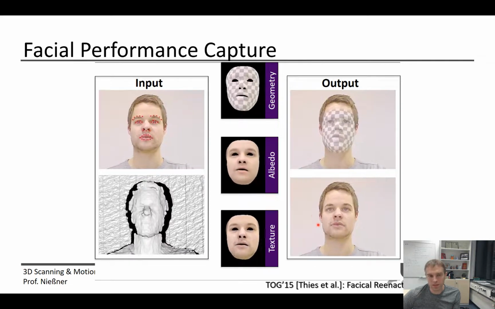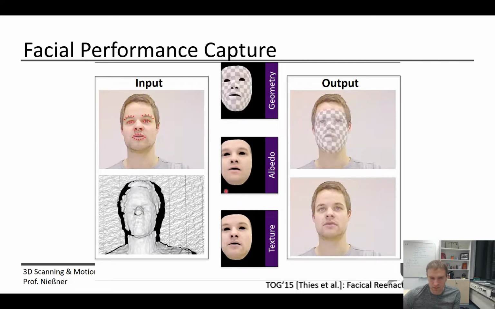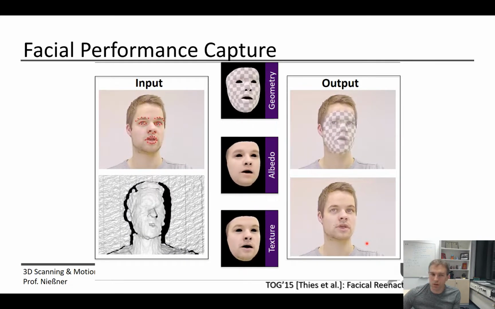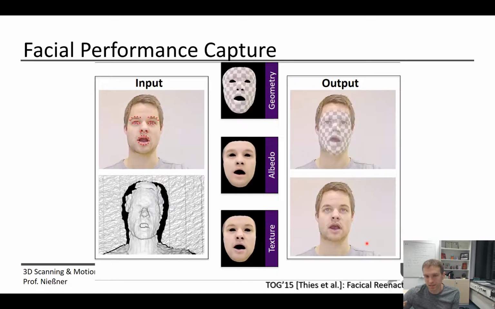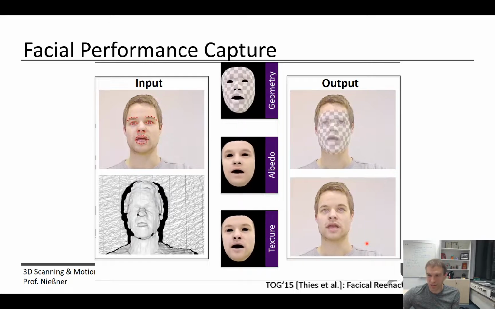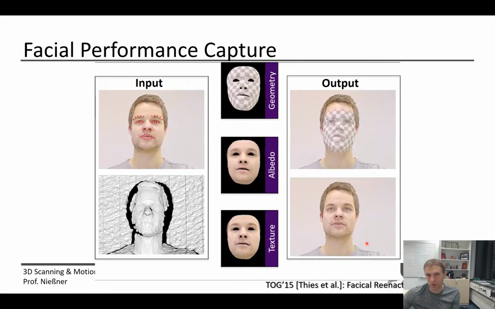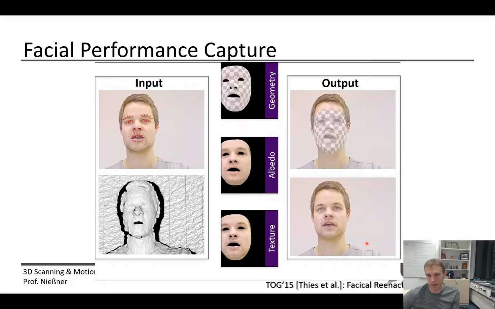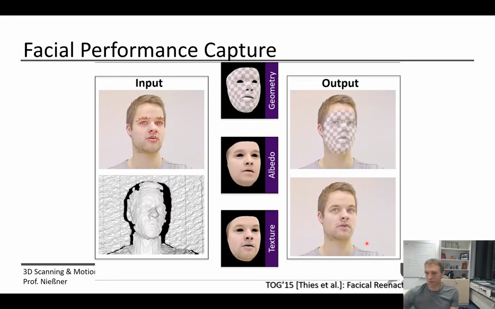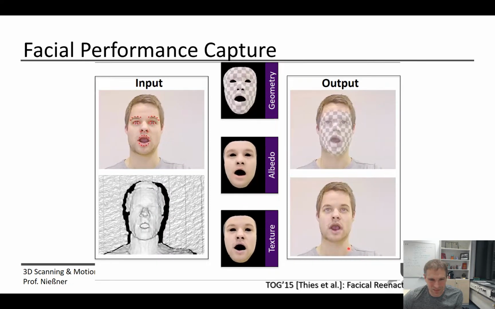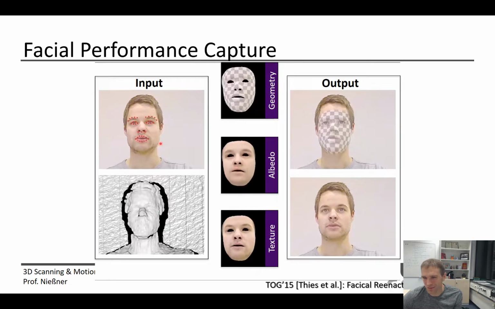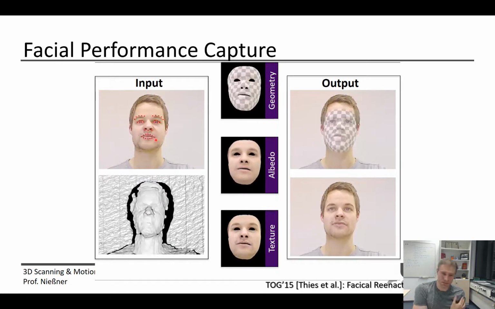So this one is essentially the optimized version with the texture on top of it, re-rendered on top of the input. And if you can't see the seams, if you can't see the face model anymore, that means this is pretty good, because every pixel of the re-rendered model coincides with the input observations. And that's kind of cute. I mean, this is cool because this is a re-rendering of the reconstruction on top of the input, and that looks like the input. So we've done a good job at the reconstruction.